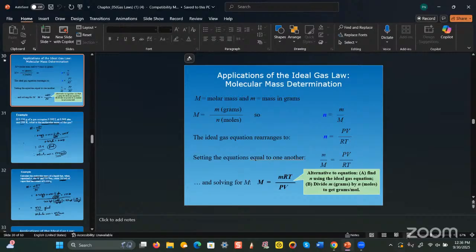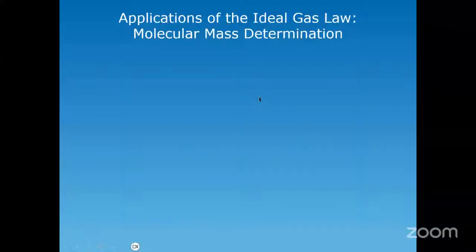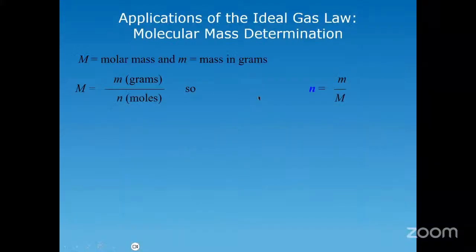You should know from before that there's a relationship between the molar mass of a gas and the actual mass in grams, and that would be the moles, right? So the molar mass, by definition, is the mass in grams per mole of a substance.